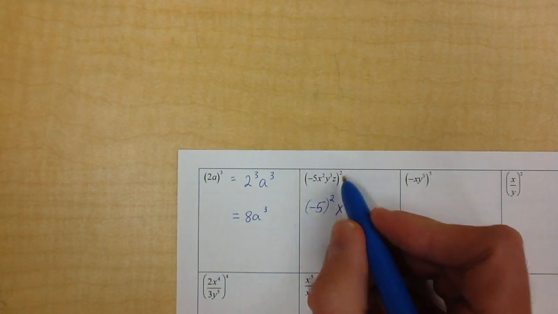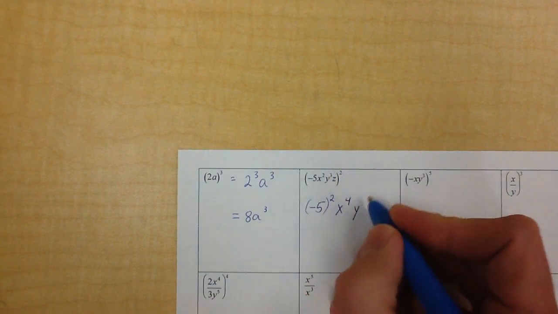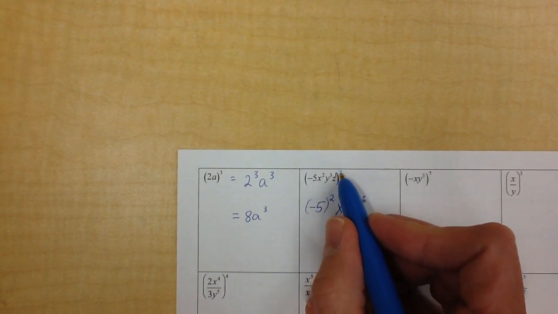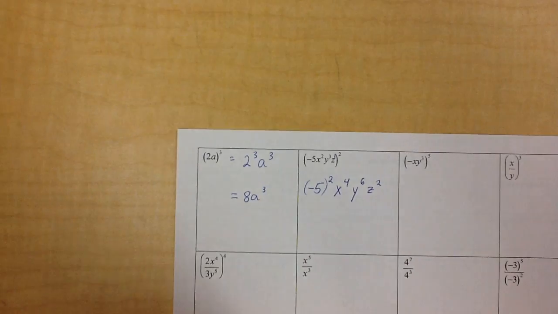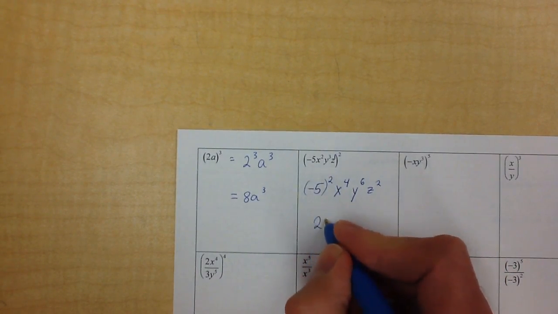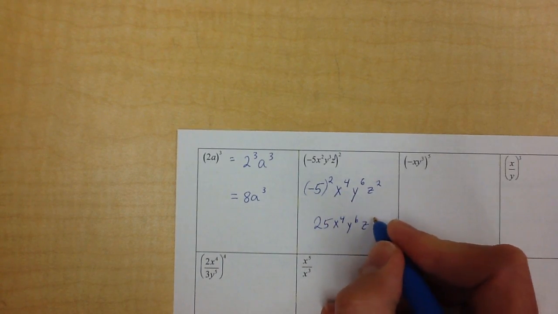If it's a power to a power, multiply. y to the 3 times 2, 6. And there's a little 1 here. z to the 1 times 2, well, that's just 2. There we go. All right, 25 x to the 4th, y to the 6th, z to the 2nd.